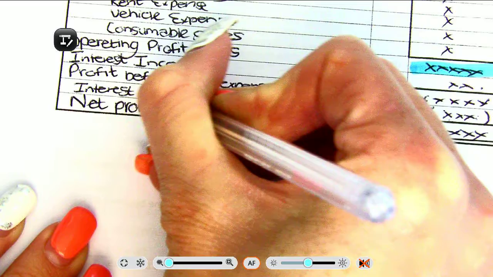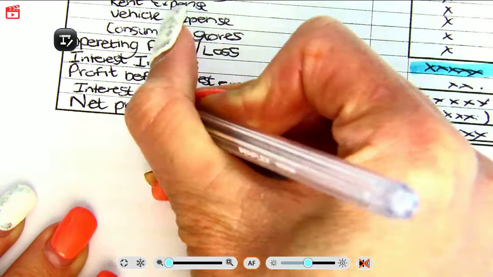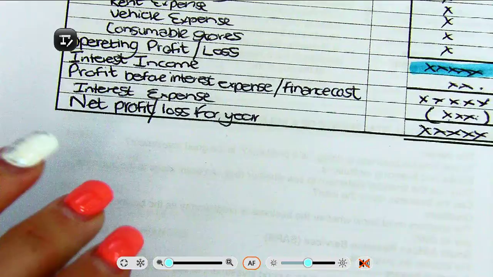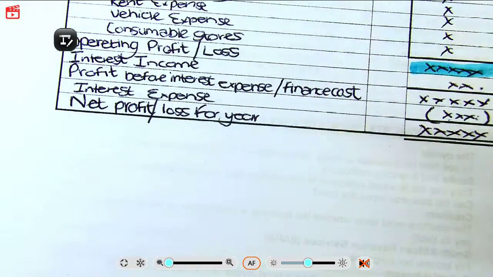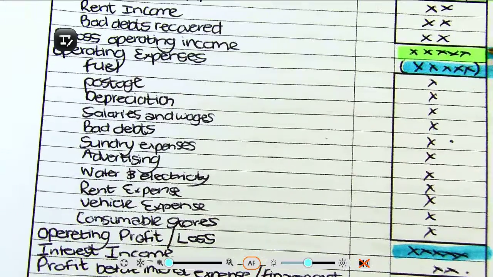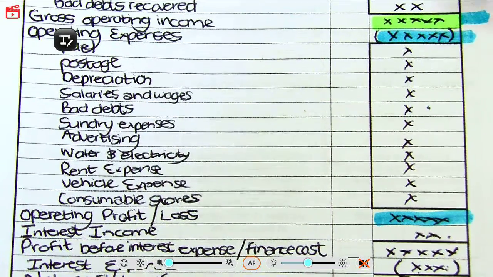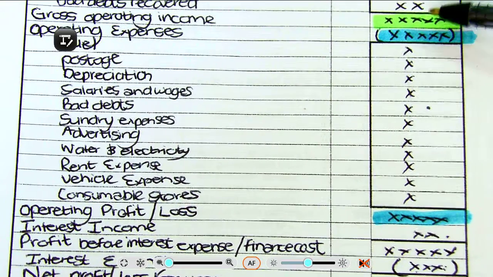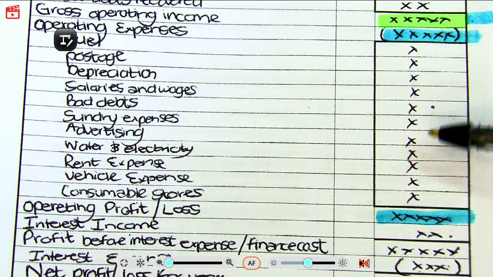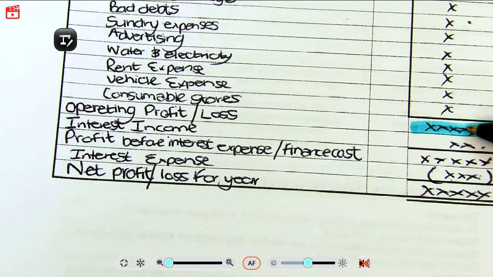Must I say that again? Yes. Sorry, I short-circuited there. I'm going to go from gross operating income. Gross operating income minus operating expenses is going to give me my operating profit or loss.